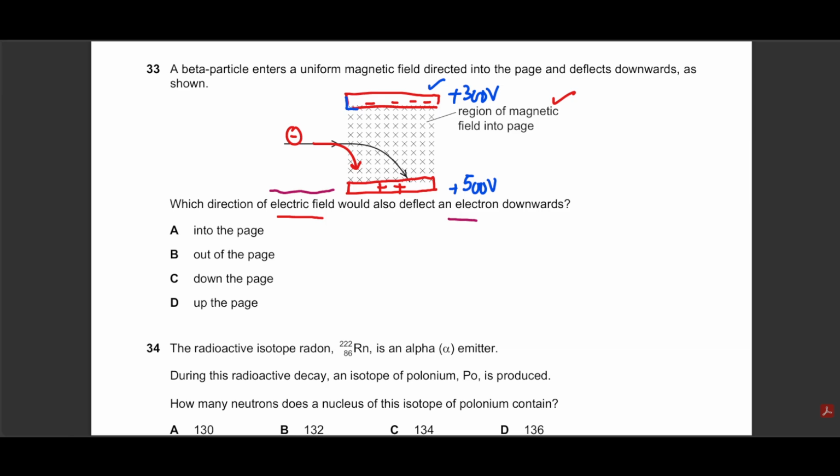So he says which direction should be the electric field so that this happens. I've drawn the expected direction of the plates, but the electric field is always from the positive plate towards the negative plate. So it seems to me that it should be into the page, out of the page. No, nothing in 3 dimensions. It should be down the page or up the page. It is up the page, so it should be option D.